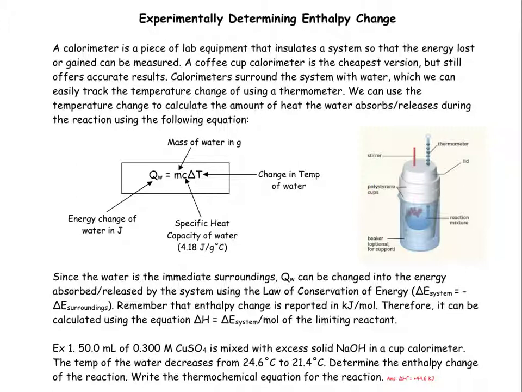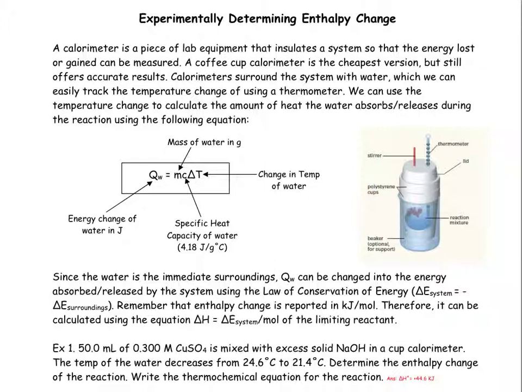Now, I often put a subscript W here to remind myself that I can only plug in information about the water. Q is the energy change of the water in joules. M is the mass of the water in grams. You usually get this by taking the total volume in your system in mL and changing it to grams because the density of water is 1 gram per mL.